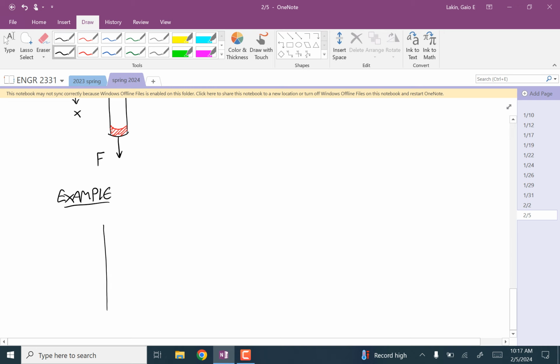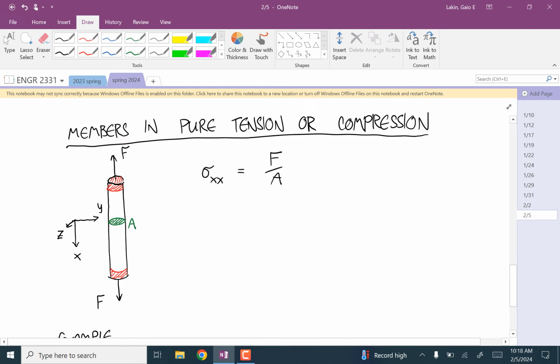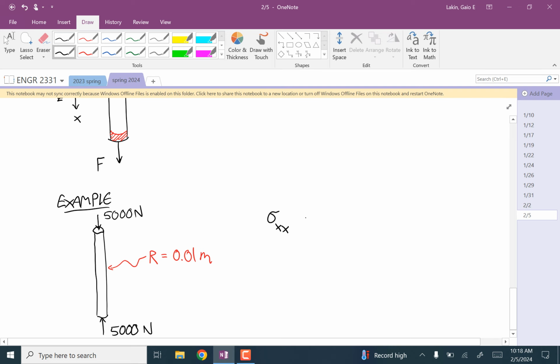So if you have a member and you have a load of 5,000 newtons applied like that, and 5,000 newtons applied like this, and the cross-sectional radius is 1 centimeter, then the XX stress is going to be, we're going to consider compression negative, divided by pi times the radius squared.